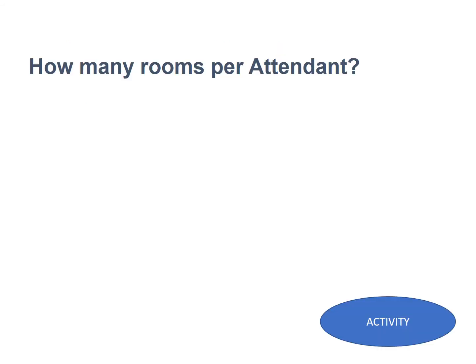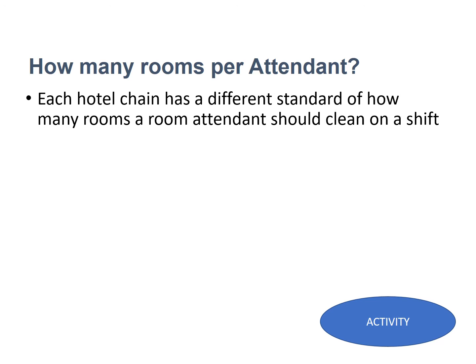How many rooms per attendant? Well, each hotel chain has a different standard of how many rooms a room attendant should clean on a particular shift. This depends on the average length of shift, break times, and the time per room.